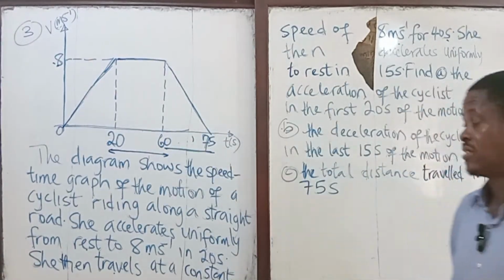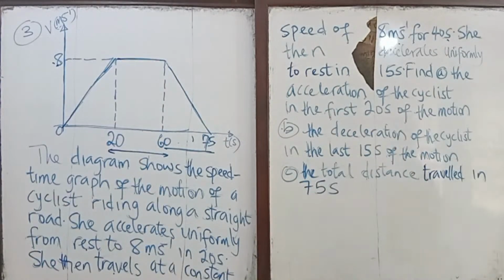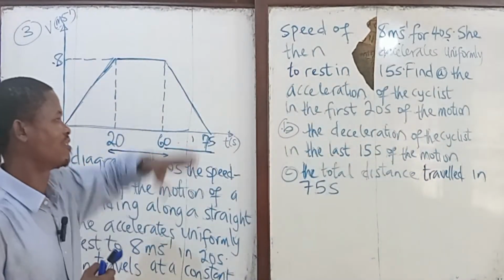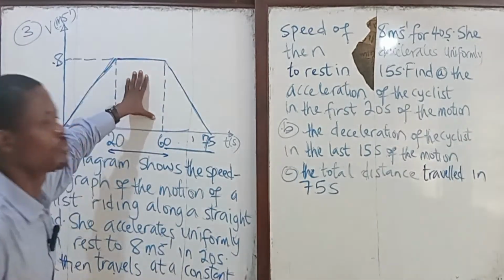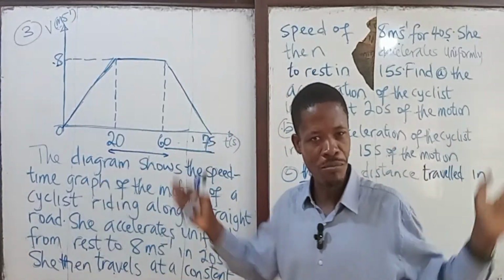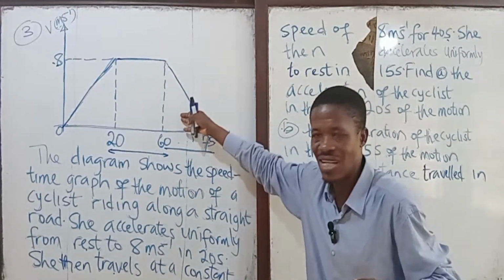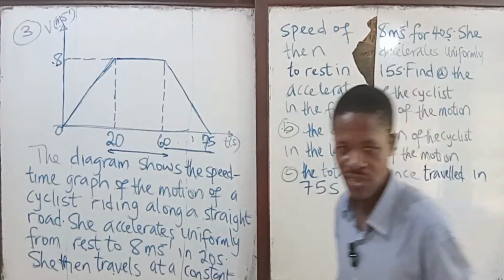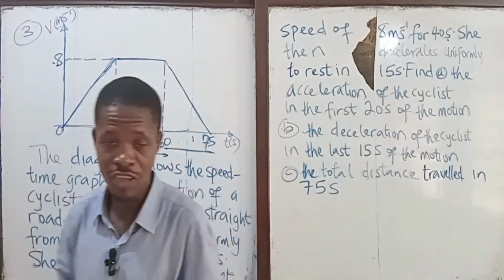And finally, the total distance traveled in 75 seconds. So all this information has been put into picture for you. We have the pictorial information. This diagram summarizes all these sentences.